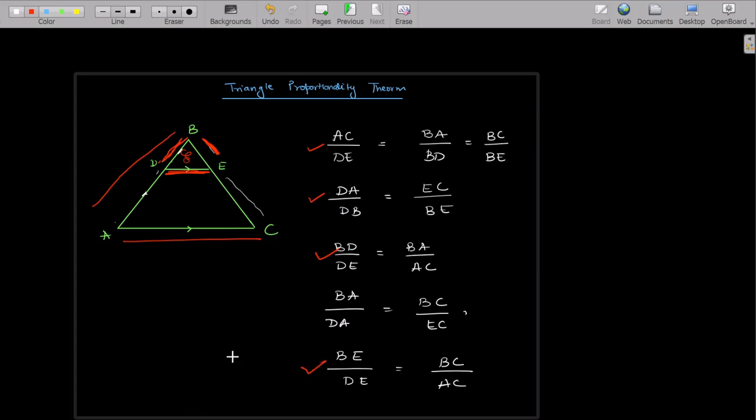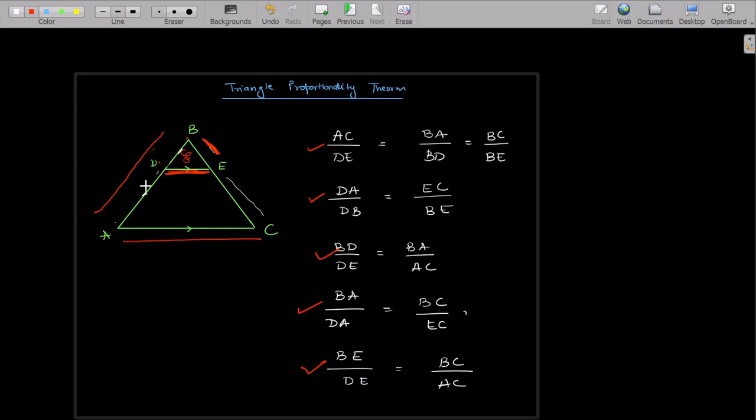And then BA over DA. Now what we are doing, BA over DA: BA is the bigger side, over the smaller one. So the smaller triangle will be similar to the trapezoid, and the bigger triangle will also be similar to the trapezoid.